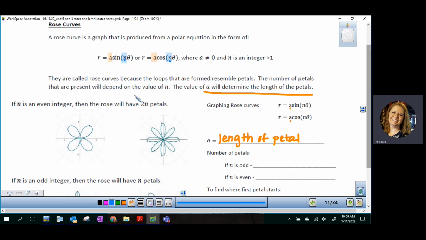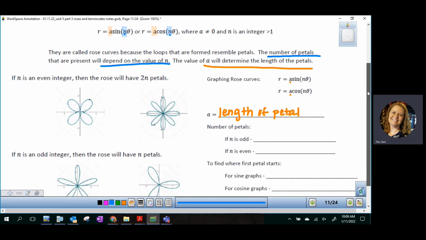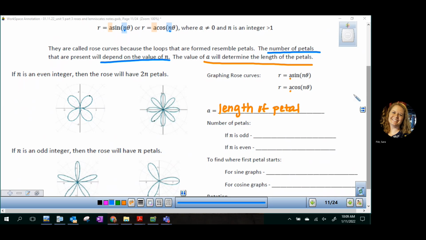Now the n value is going to help us determine the number of petals. But it's not as simple as, well, n is the number of petals. There's a little hitch to that. If n is an even integer, then there are 2n petals. Whatever n is, you have to double it if n is even, and that's how many petals there are.